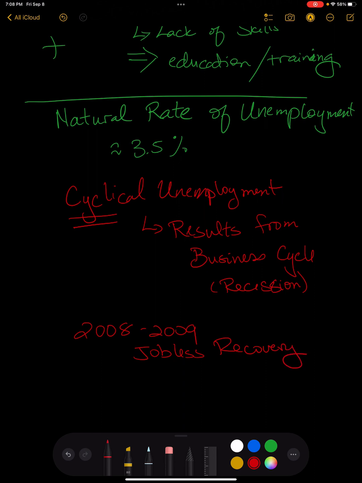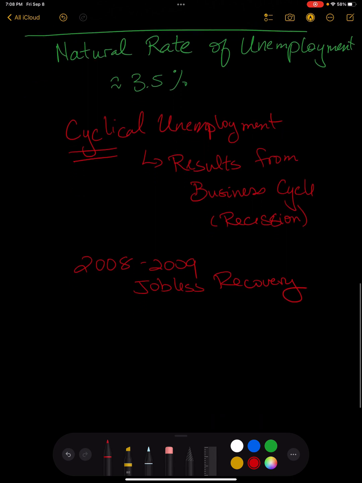In other words, when firms laid a bunch of people off in 2008, 2009, as the economy started to improve, and the economy did improve, it actually was not a very long recession, but as the economy started to improve, instead of bringing back workers, companies went ahead and used this time to implement new technologies, to install new technologies.